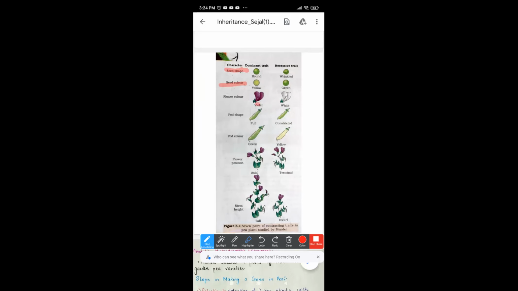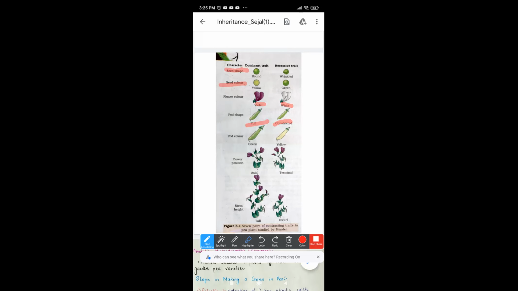Violet flower is dominant and white is recessive. Pod shape: full, that is, it has perfect shape and is not constricted. The full one is dominant and constricted is recessive.